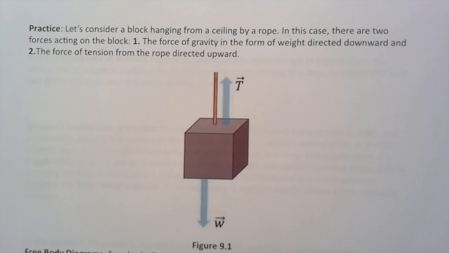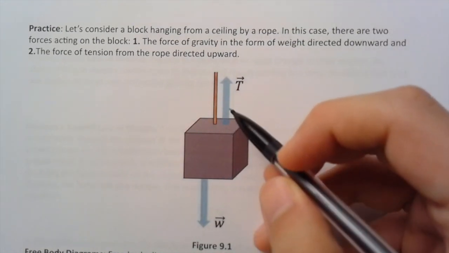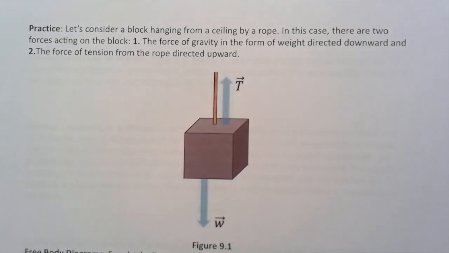So gravity will be pulling it down, and then the object is hanging from a rope. When I see the word rope, it automatically triggers tension. When the wording says that it's hanging, meaning that it's not in motion, that means that the two forces are actually equal. And that's what you see in the picture here.